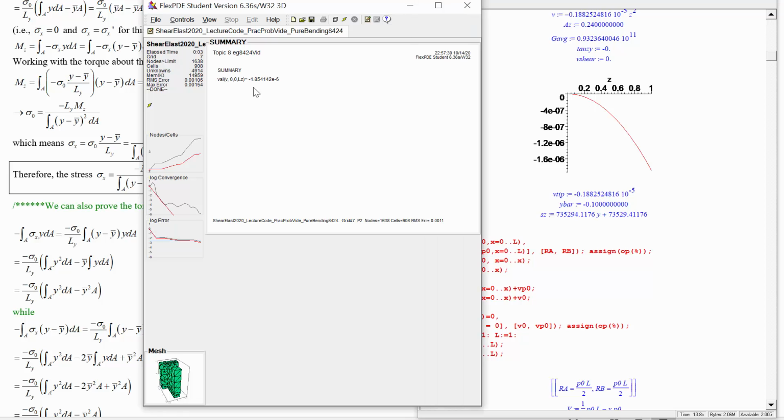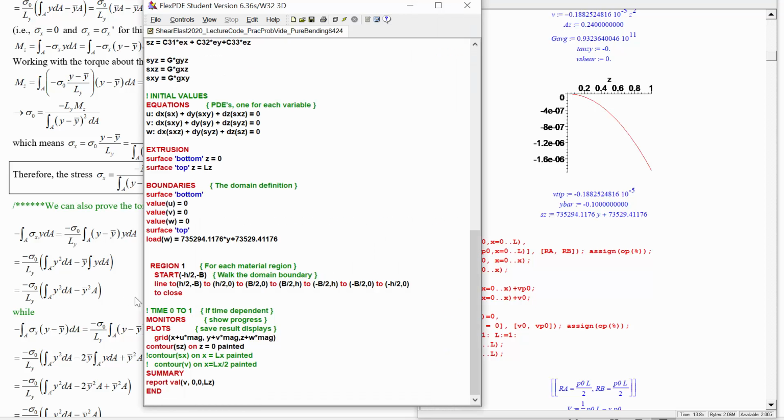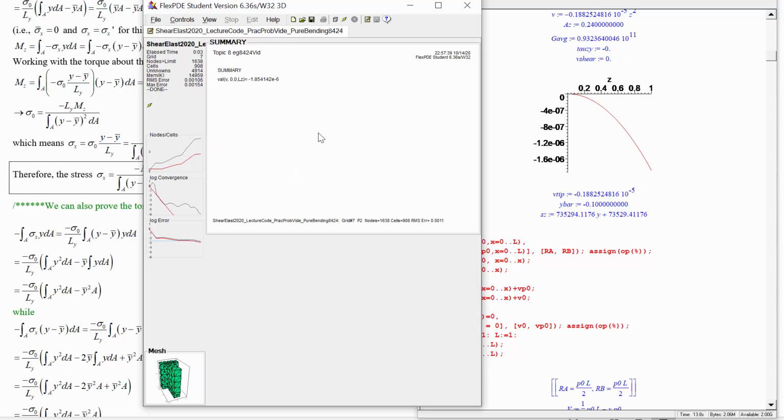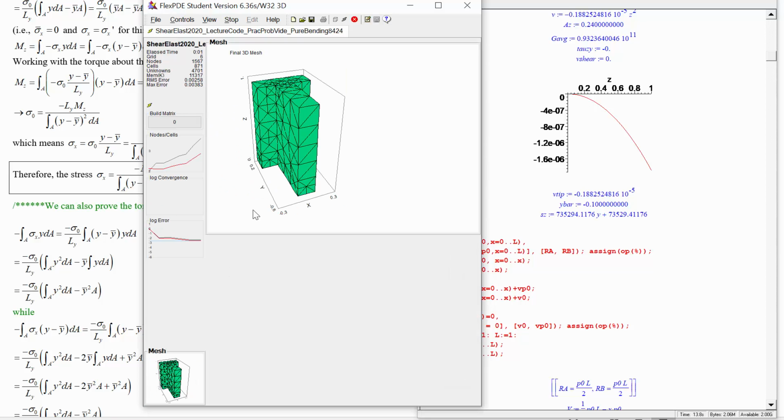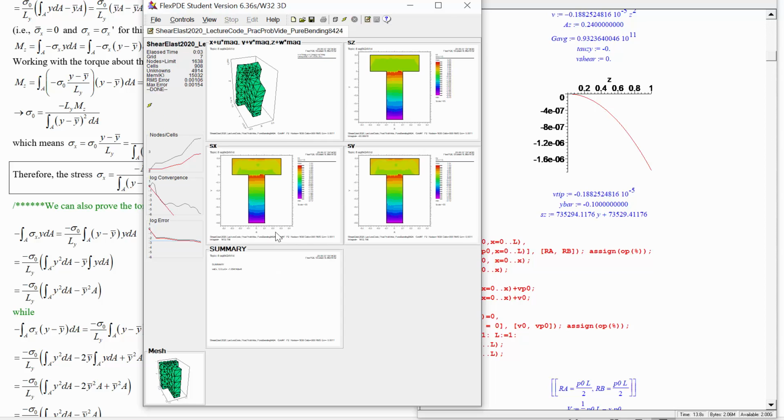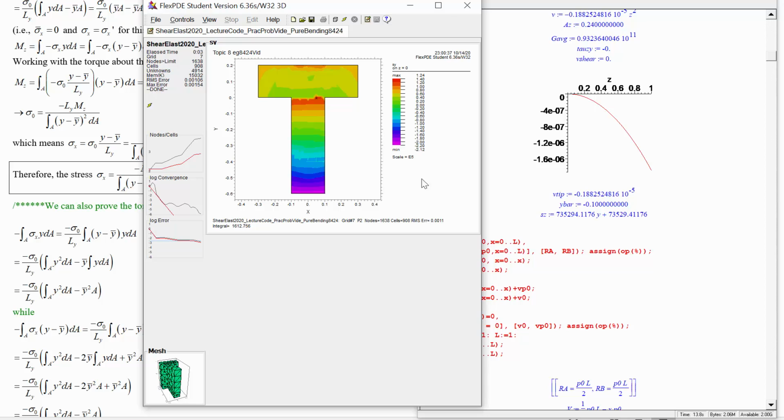And as before, it should probably get even closer if we get rid of the Poisson's ratio coupling at that Z equals 0 surface. If we were to look at the other stresses on that surface, let's say contour of SX and SY on that surface, we should find that those are non-zero as well because we haven't freed that surface.